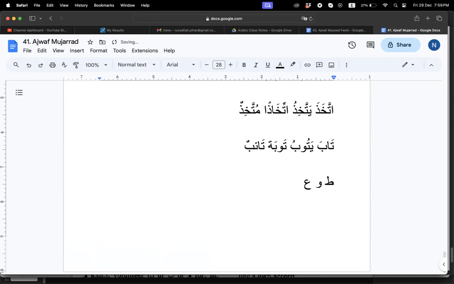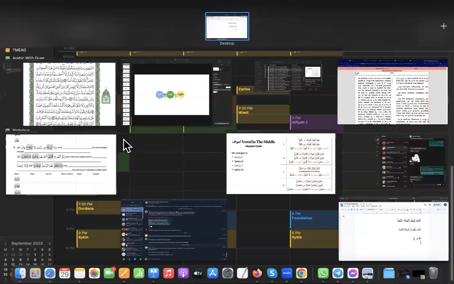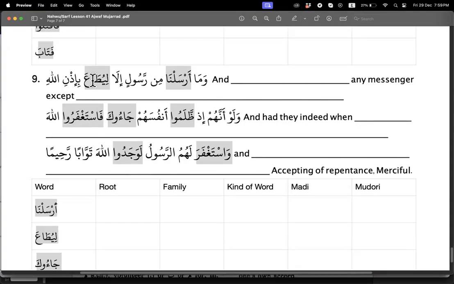First thing is, this is ajwaf, yes? Firstly, we haven't done mazid fihi, so it cannot be family tree. You said family tree because you see the alif, but remember this alif is actually the waw, one of the root letters: ta, waw, ain.